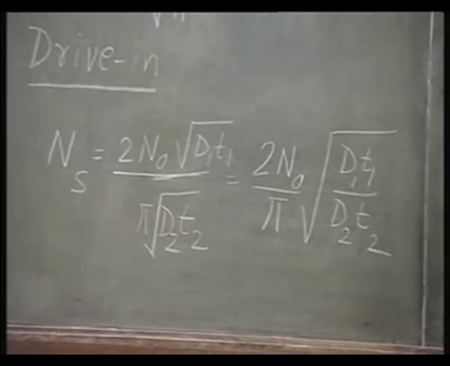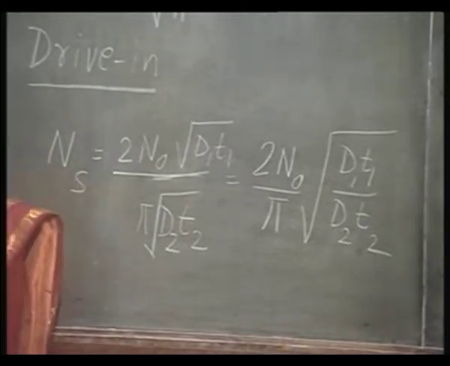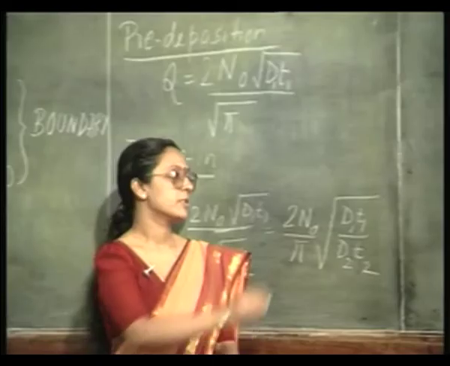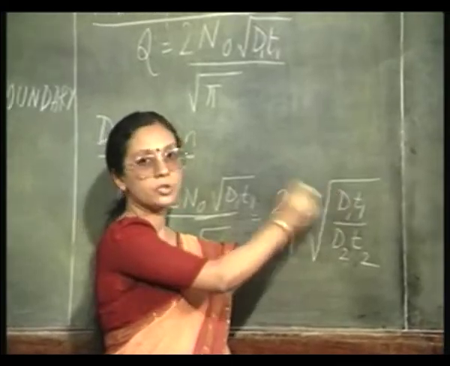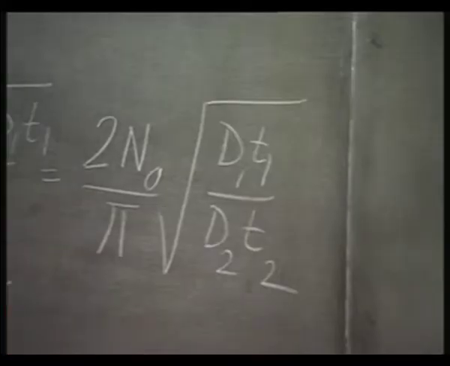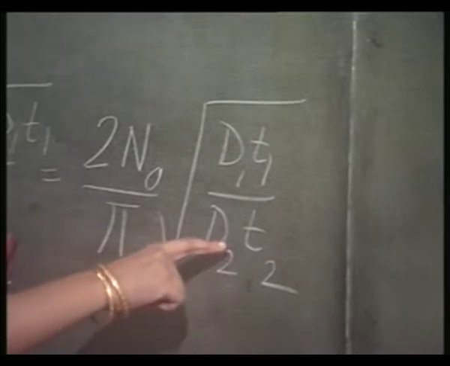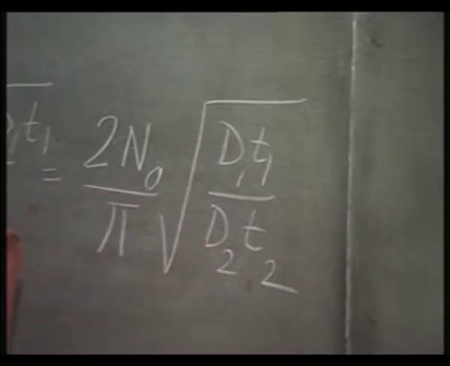This is a very interesting relationship. As I have already told you, pre-deposition is carried out at a temperature corresponding to which the diffusion coefficient is D1 for a time t1, and drive-in is carried out at a temperature corresponding to which the diffusion coefficient is D2 and the time is t2.